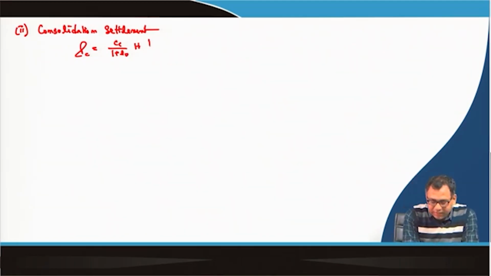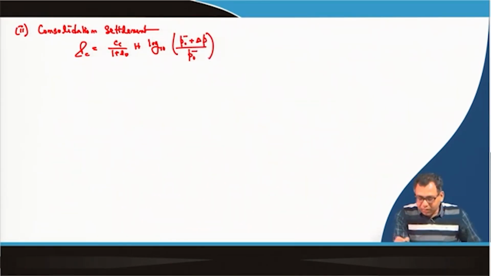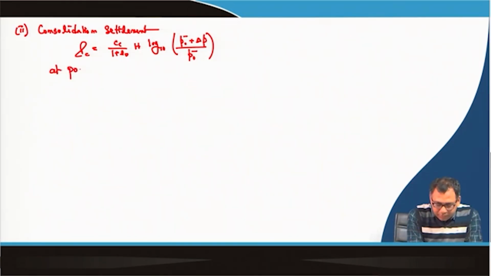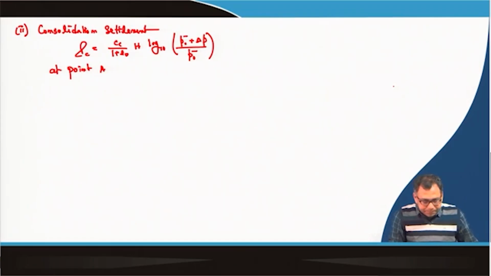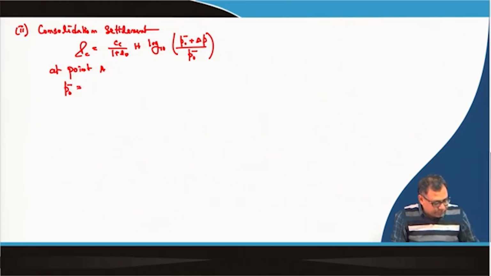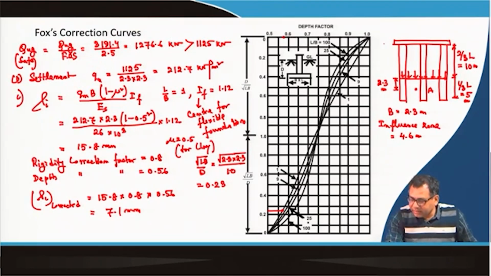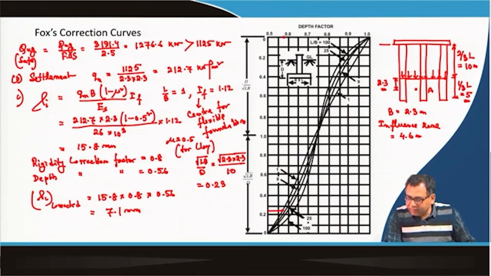So, I will take the single layer values, and this is log of P0 bar plus delta P divided by P0 bar. At point A, which is 2.3 meter from the base of the raft, the water table is considered at the ground surface.